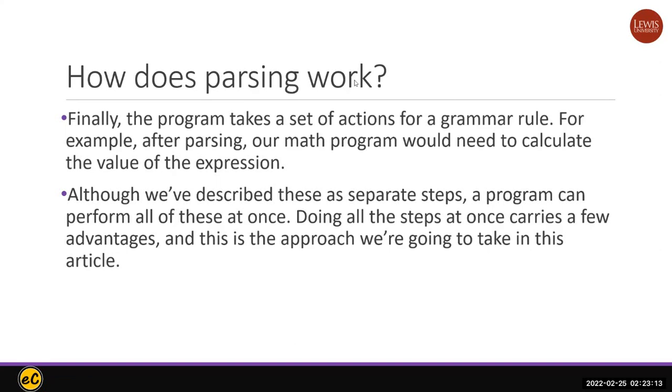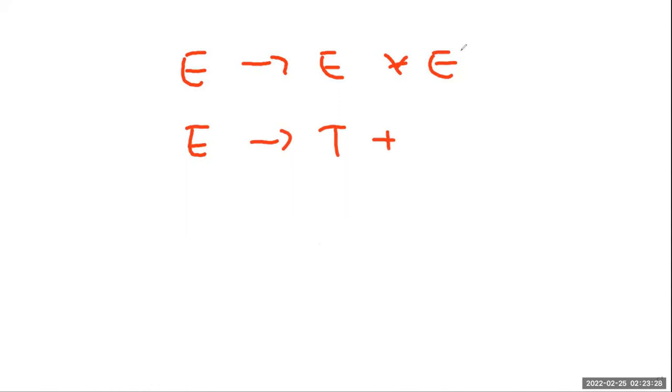Okay, let's look at the relationship. We have an expression that is expression times expression, and your expression can be a term plus expression. Here I made a mistake: this one actually should be an operator.